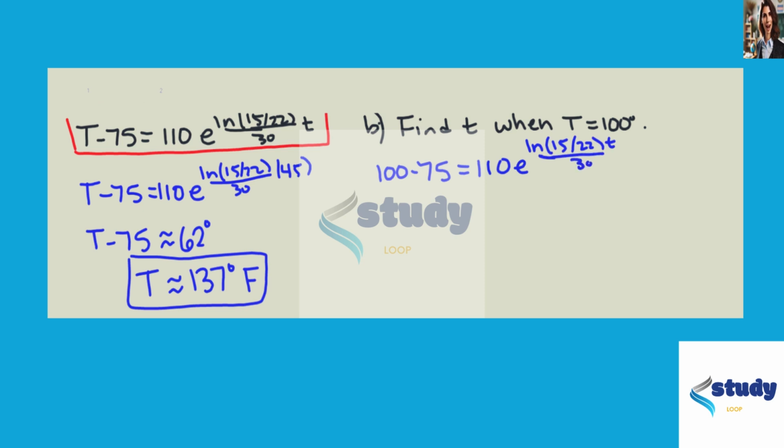Okay, so let's subtract, and we get 25, and then we're going to go ahead and divide both sides by 110. And 25 divided by 110 simplifies to be 5 over 22.